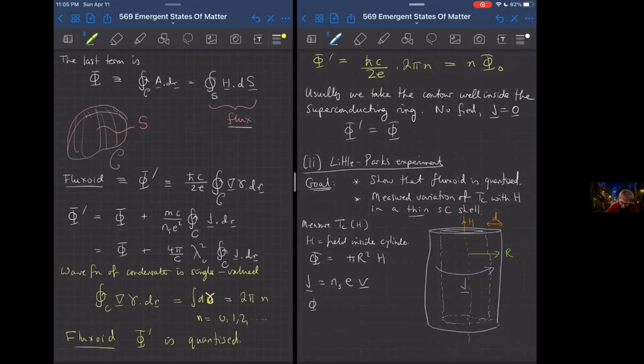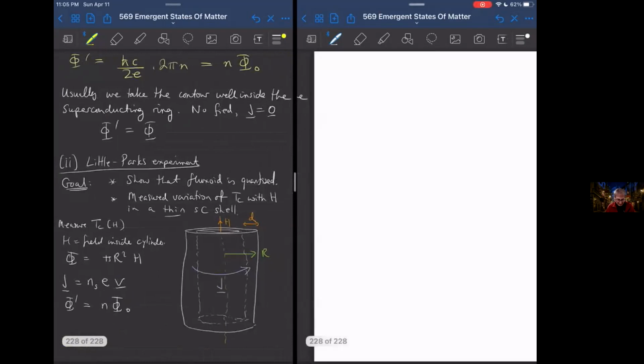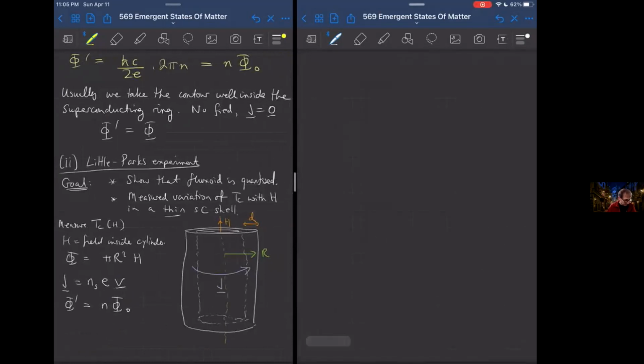So what we know is that phi prime is supposed to be in units of the flux quantum. And so the velocity is then just given by h bar over 2mr times n minus the flux over the flux quantum.